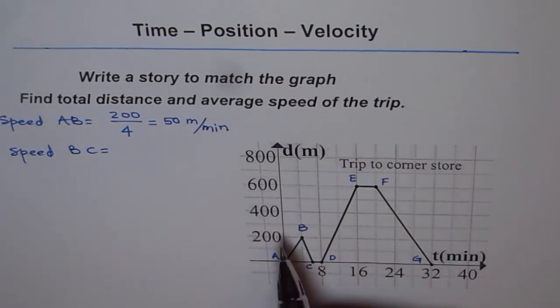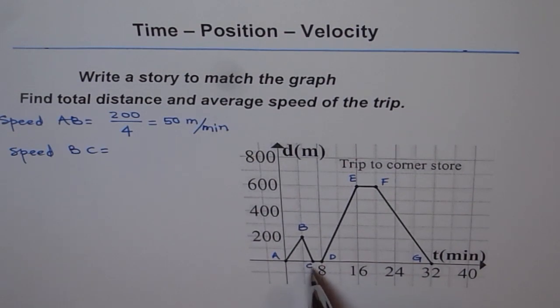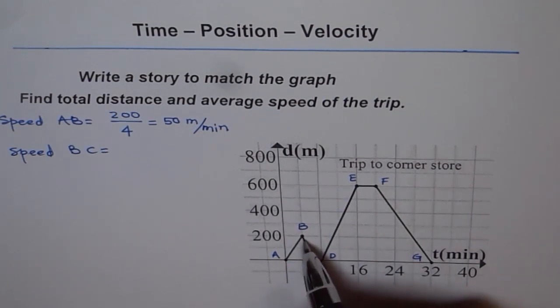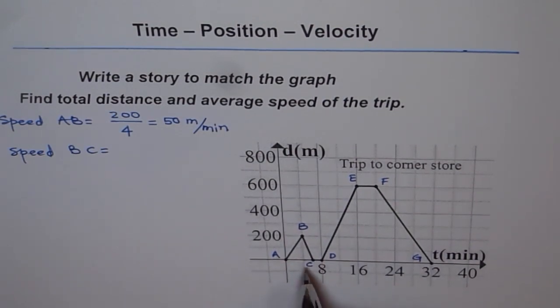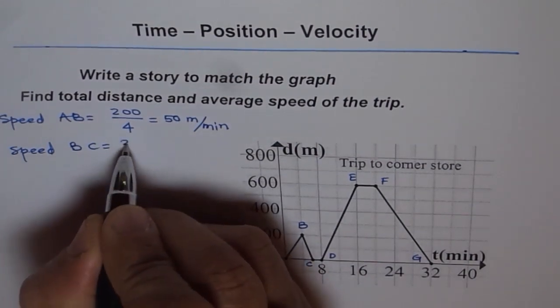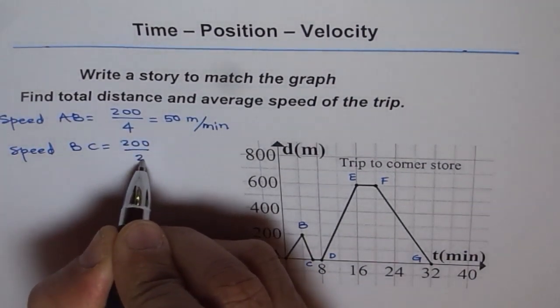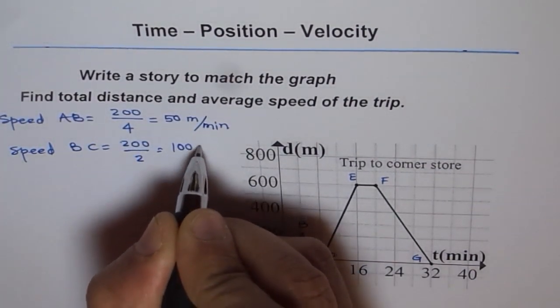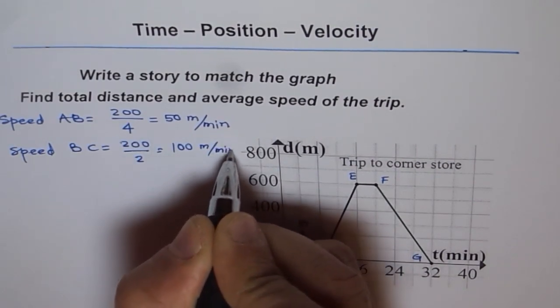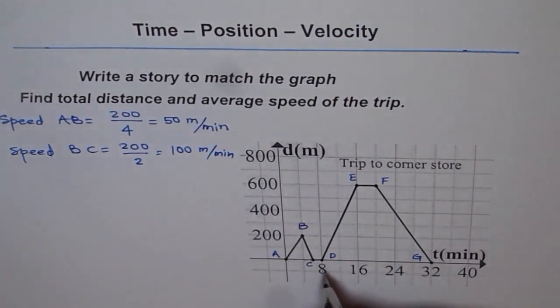You can say rushed back home with the speed of. That is also kind of negative velocity, right? So in this case, a distance of 200 meters is covered in 2 minutes. And therefore, the speed will be 200 over 2, which is 100 meters per minute, right? So like this, we can give more details to our graph and the story.